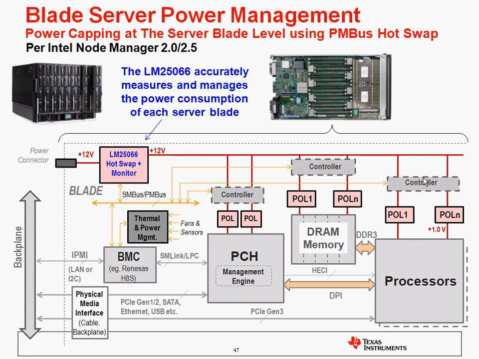So in this case, all that's really needed is an intelligent device at the edge of each node, and that's a server blade. And the LM25066 really satisfies that need by accurately measuring the current, the voltage, and the power coming into that system and managing that power consumption at the blade level.